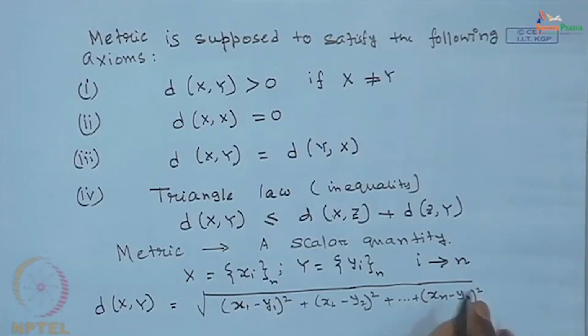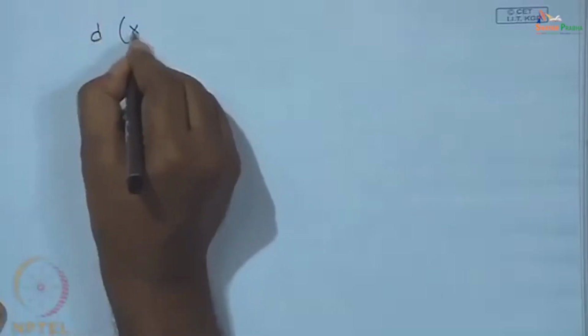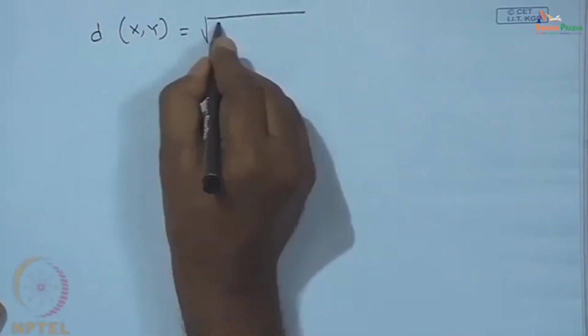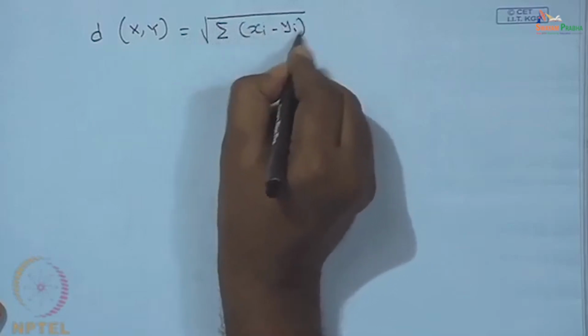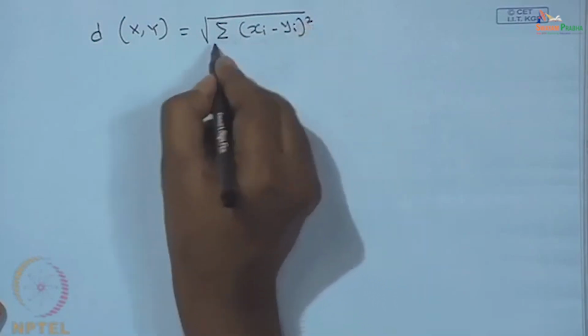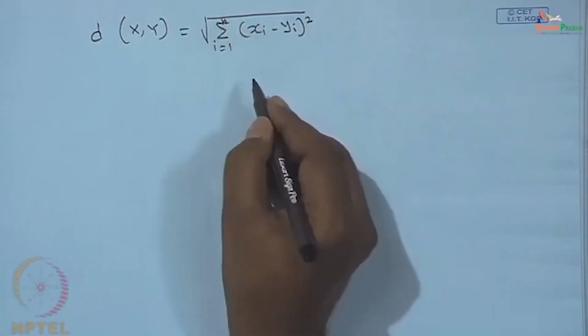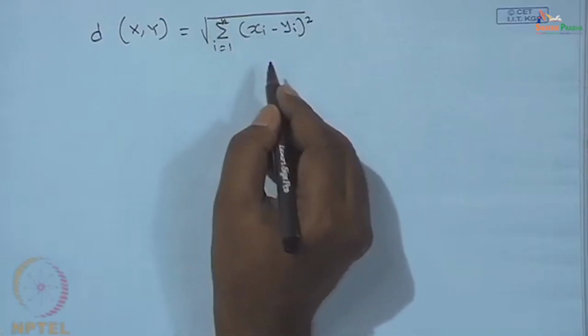So, in short notation, we can write the metric d of x and y as the square root of the summation of (x_i minus y_i) whole square, where the index i runs from 1 to n, because the dimension is n and there are n elements present in this system.